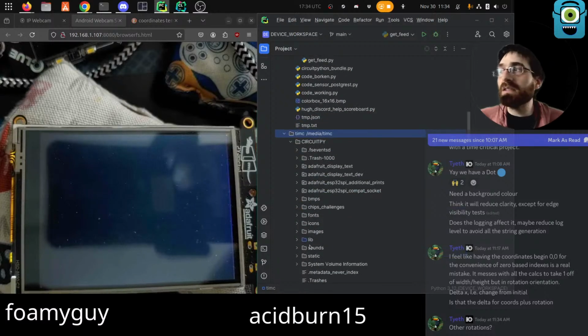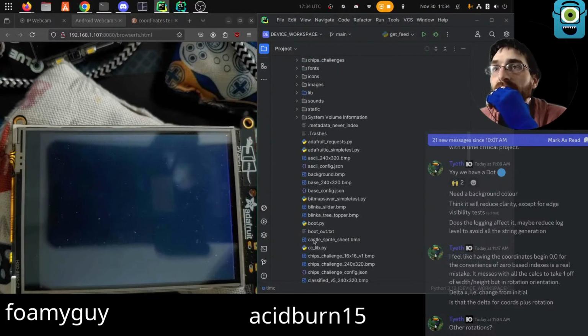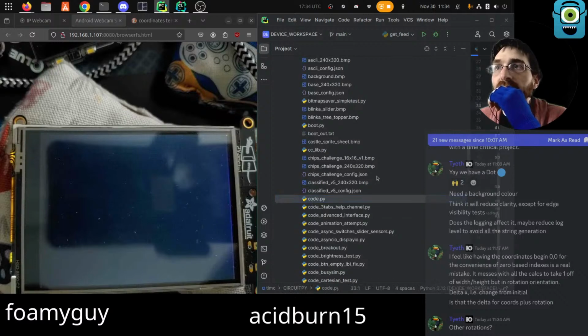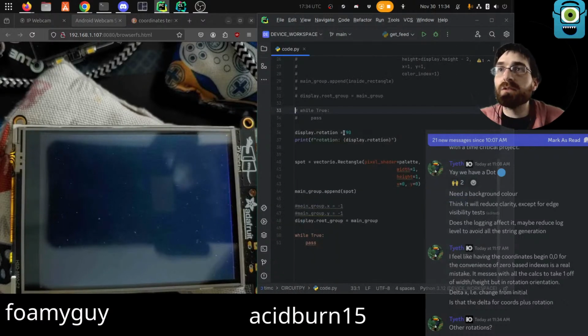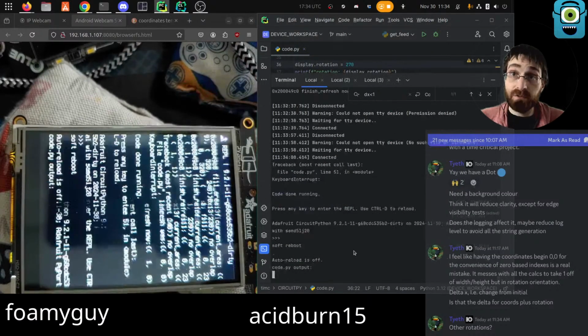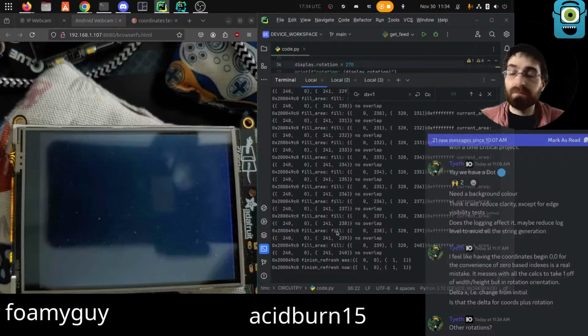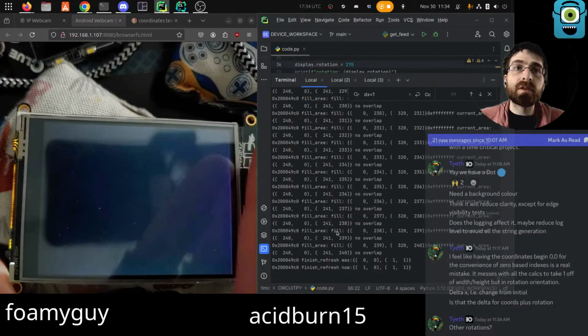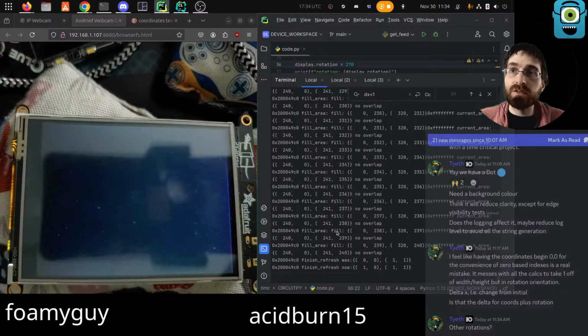I don't think I did. I went to 180 and then I went to the rectangle test. We have the prints on, so we definitely do not want the rectangle test, which we learned last time. Okay, no go on 270.